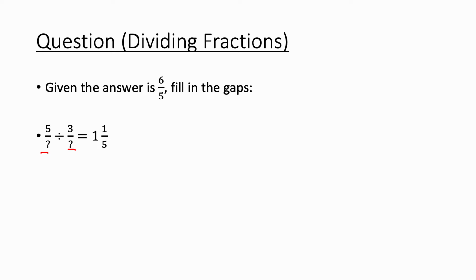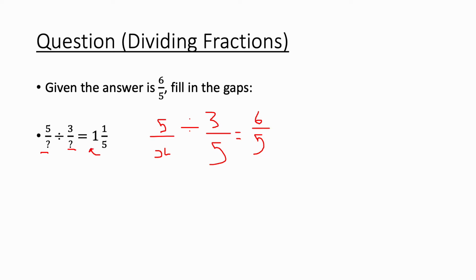Okay, so what I'm going to do here, guys, is put in some letters. I'm going to say 5 over x divided by 3 over y is equal to 1 and 1/5. Now, are we happy that I can write 1 and 1/5 as 6/5 as a top-heavy fraction? The 6 has come from 5 times 1.